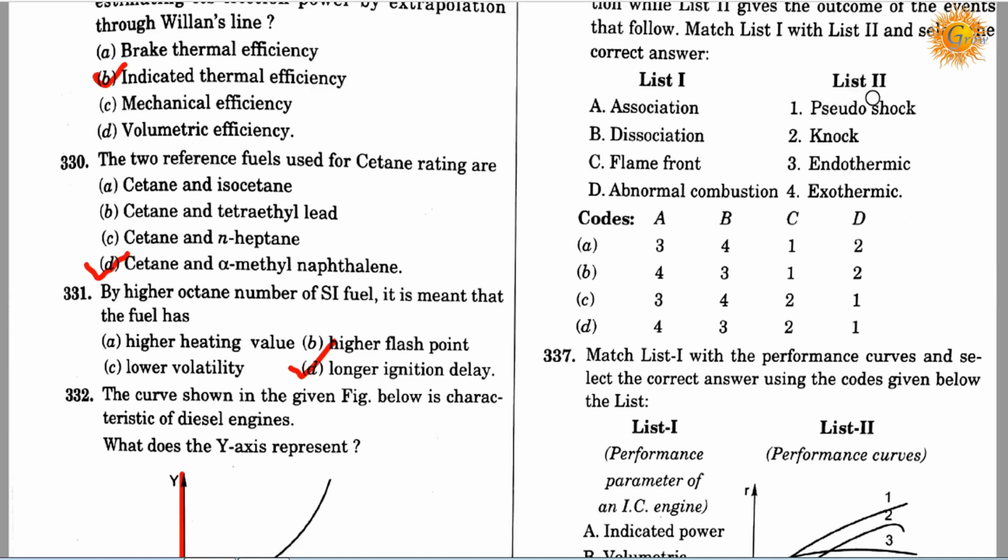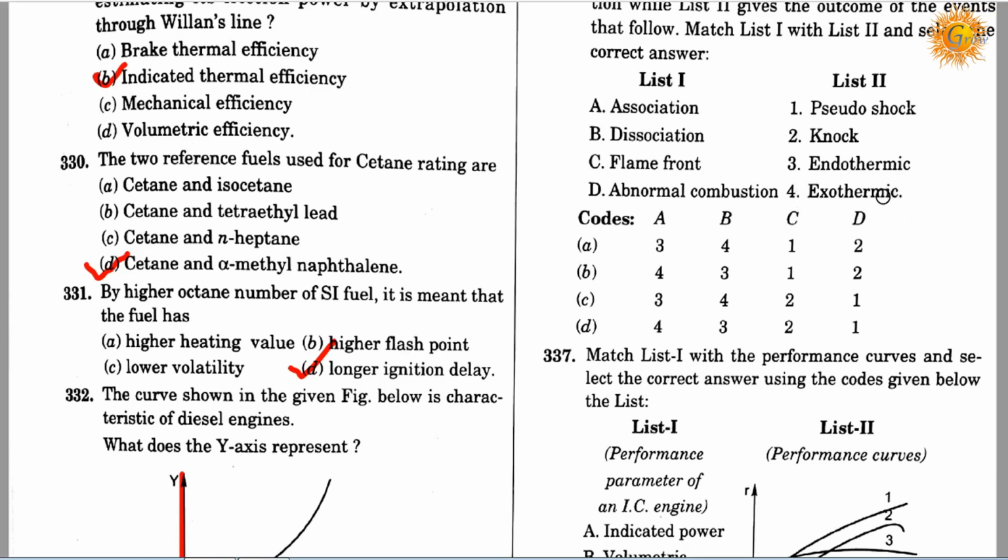In list 2, 1 is pseudo shock, 2 is knock, 3 is endothermic, and 4 is exothermic.